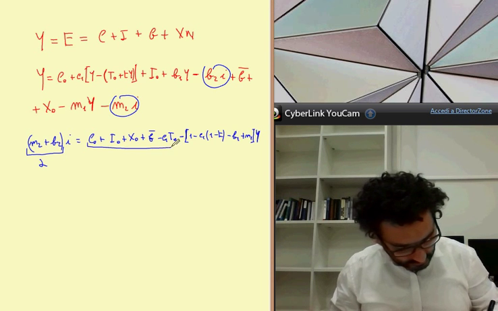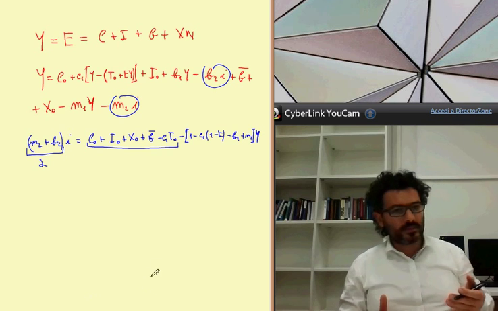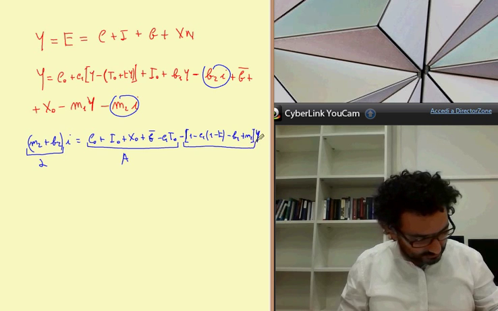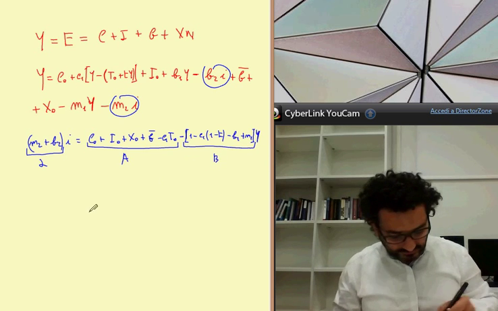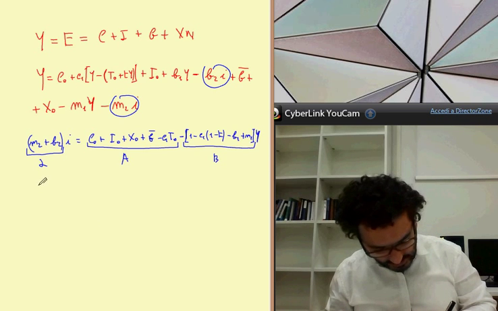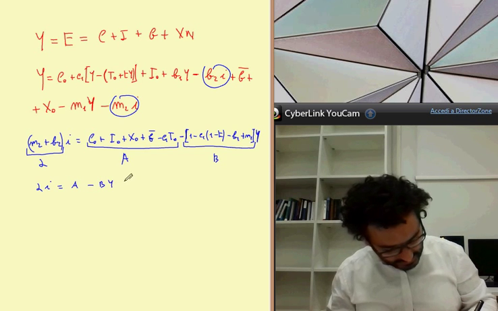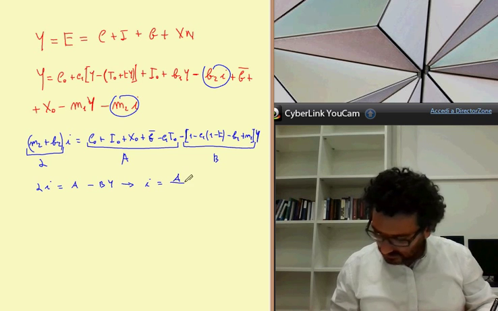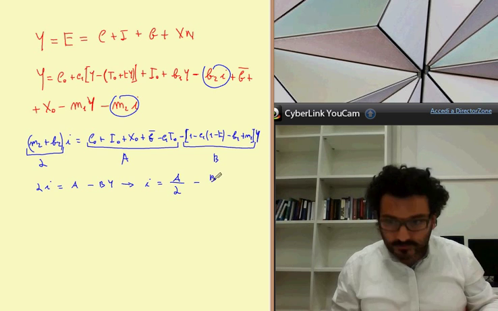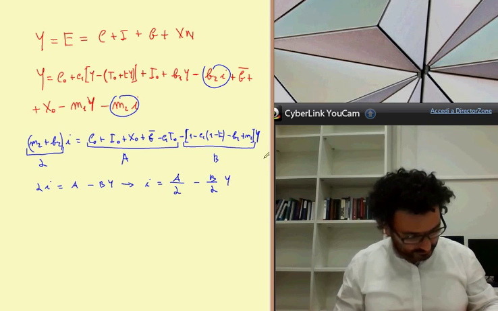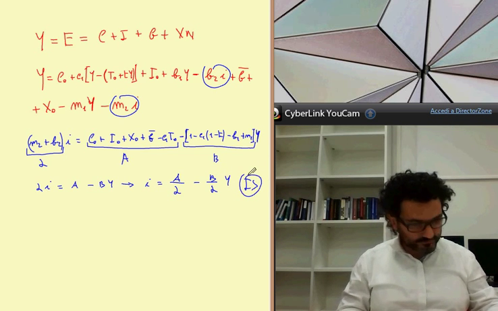This is the autonomous part of the aggregate total expenditure, we will call it A, and this coefficient, which is the denominator of the multiplier, we will call it B. So finally, we can write the IS relation as alpha I equal A minus BY, which implies that I is equal to A divided by alpha minus B divided by alpha, which multiplies income, and is the IS relation.